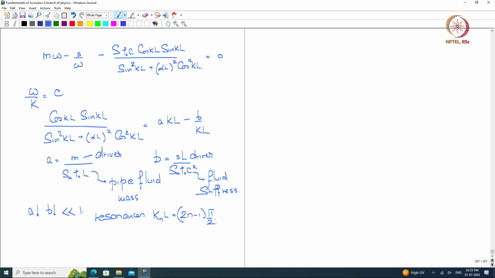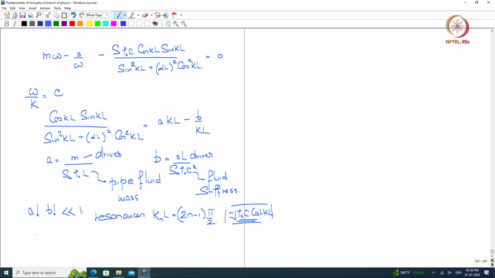This is equal to minus j rho 0 c cot k L. Okay. So the piston system is light and therefore zero pressure occurs at the piston. Velocity will be high and zero pressure occurs. That is what we have seen in class. Whereas that means the piston system is not accounted for.